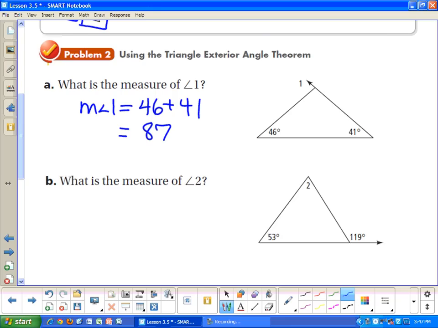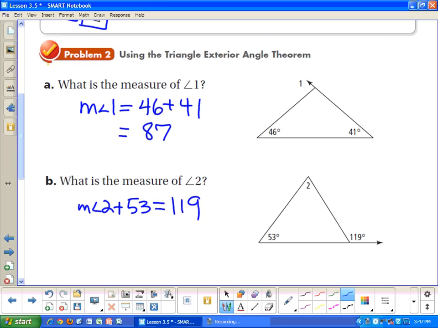And the measure of angle 2 in this diagram, that's one of the remote interior angles. So the measure of angle 2 plus the measure of the other remote interior angle, which is 53, is equal to the measure of the exterior angle shown, which is 119.